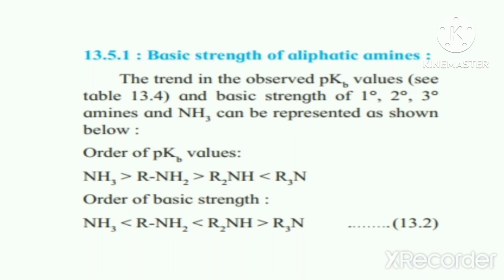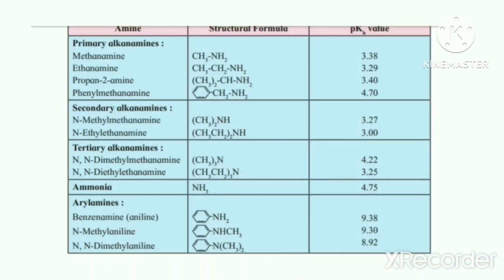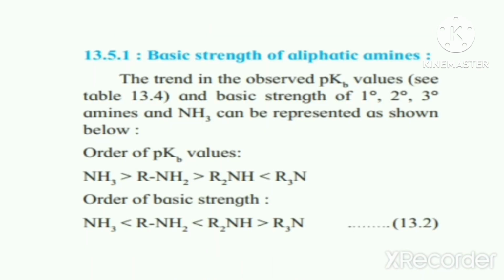According to this table, the order of pKb values: ammonia is more than primary amines, more than secondary amines, and less than tertiary amines. The order of basic strength is as follows: ammonia is less than primary amine, less than secondary amine, and secondary amine has basic strength more than tertiary amine.